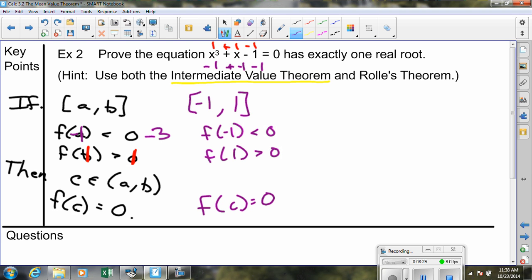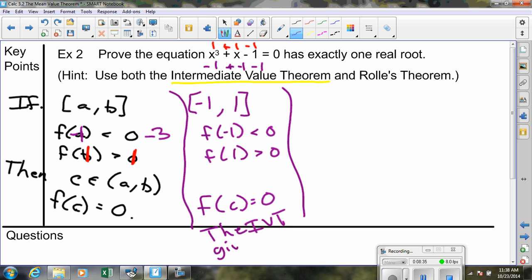So this is the work that would say the intermediate value theorem gives us a root. Well, the intermediate value theorem says there's at least one root. There could possibly be more. So we know one of them exists.